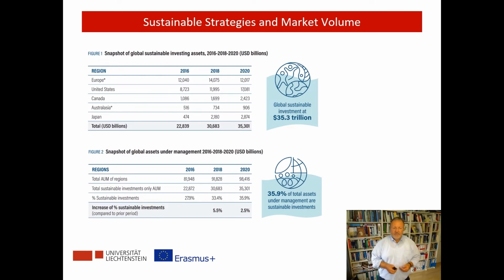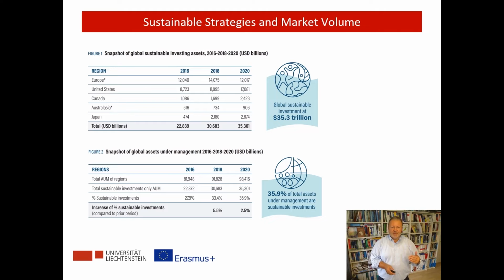Now, the first is a figure which gives a snapshot of global sustainable investing assets in 2016, 2018 and 2020. And here you see the development of the assets under management. You have seen that already in other chapters.